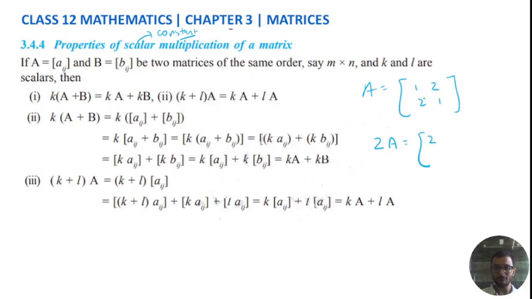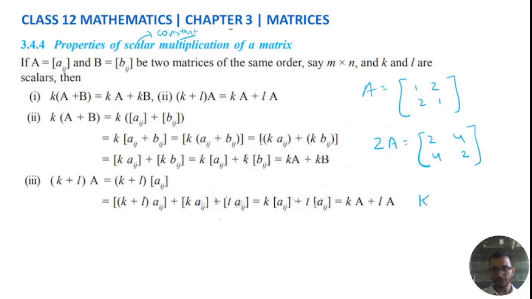1 into 2 will be 2, 2 into 2 will be 4, 2 into 2 will be 4, and 1 into 2 will be 2. This is called scalar multiplication of A. That is, K times A. I had written it in the reverse way.